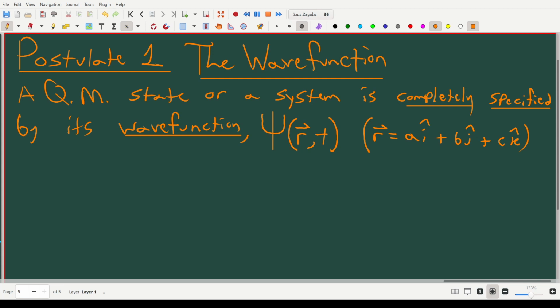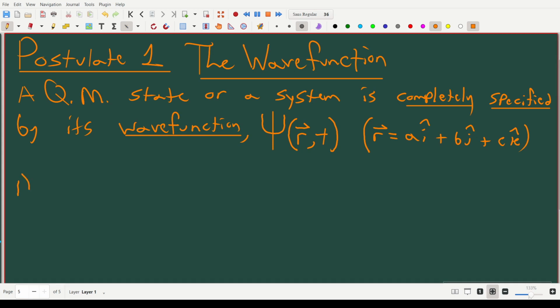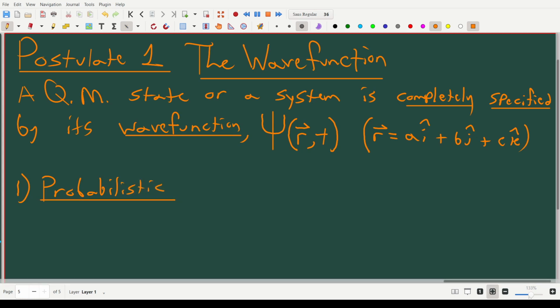Okay, and wave functions satisfy specific properties. The first property that it satisfies is called the probabilistic property. The wave function is probabilistic. What does that mean?